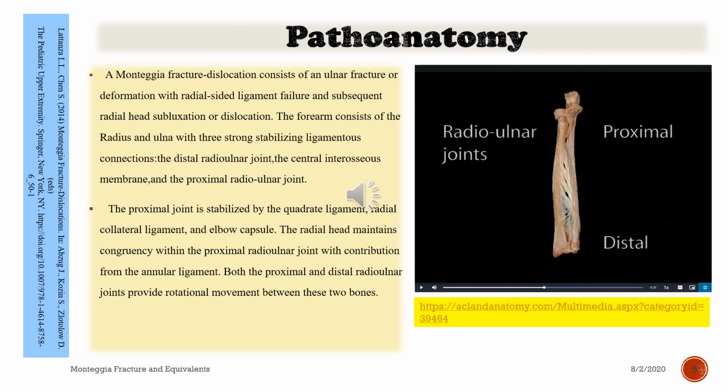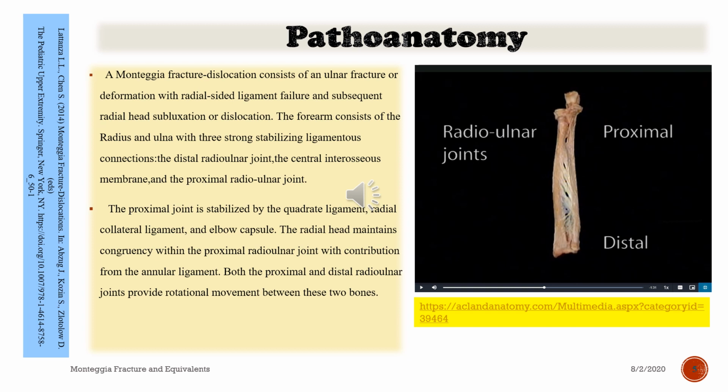A Monteggia fracture dislocation consists of an ulnar fracture or deformation with radial-sided ligament failure and subsequent radial head subluxation or dislocation. The forearm consists of the radius and ulnar with three strong stabilizing ligamentous connections: the distal radio-ulnar joint, the central interosseous membrane, and the proximal radio-ulnar joint.